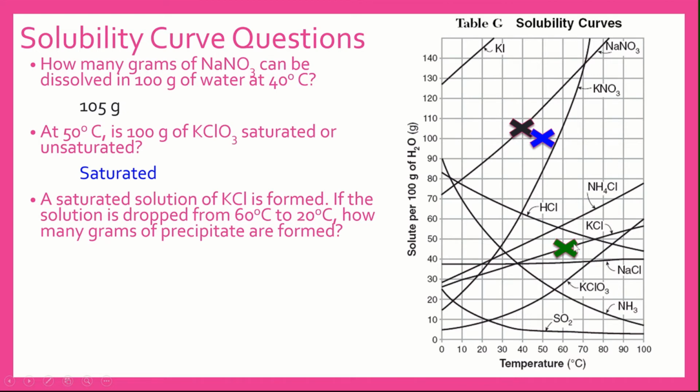If we drop the temperature to 20 degrees, we can only dissolve a little over 30. So 45 minus 35 gives us 10 grams of KCl that will come out of the solution and no longer be dissolved. We say that it precipitates out of the solution. You can see those salt crystals come out and probably fall to the bottom of the beaker.